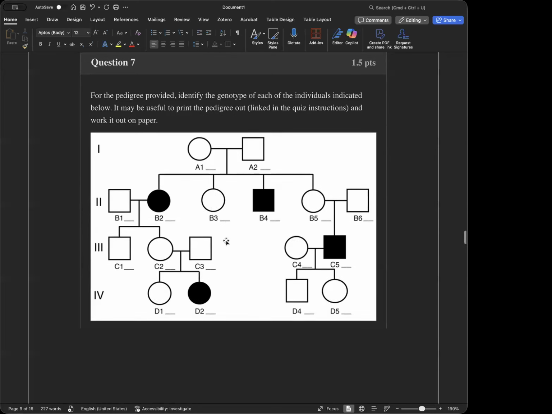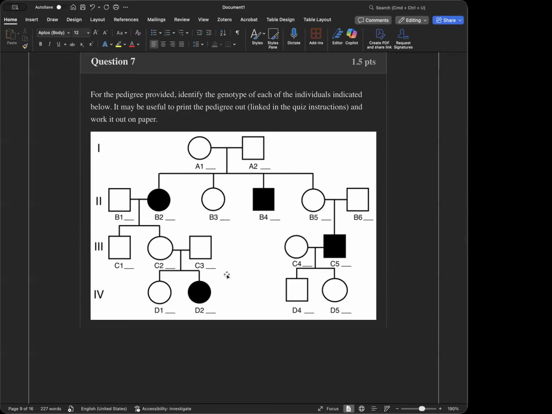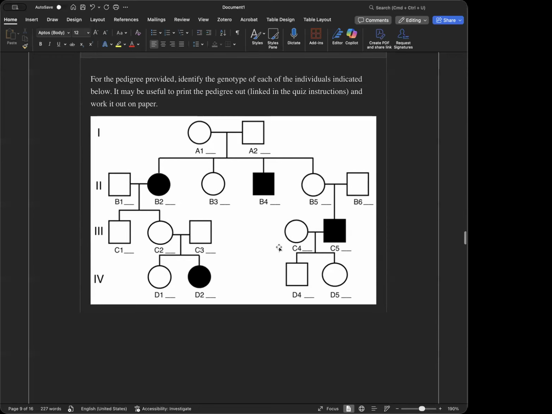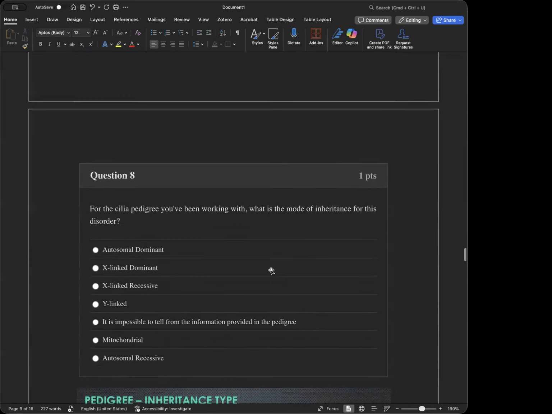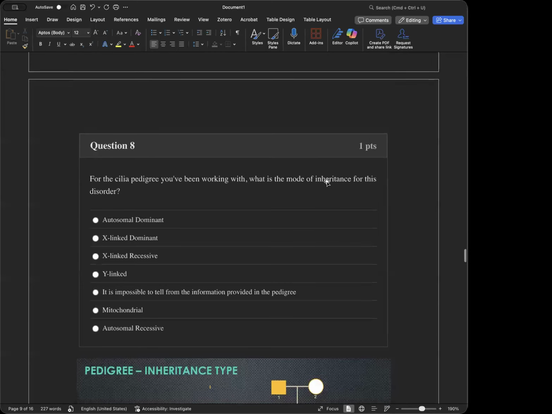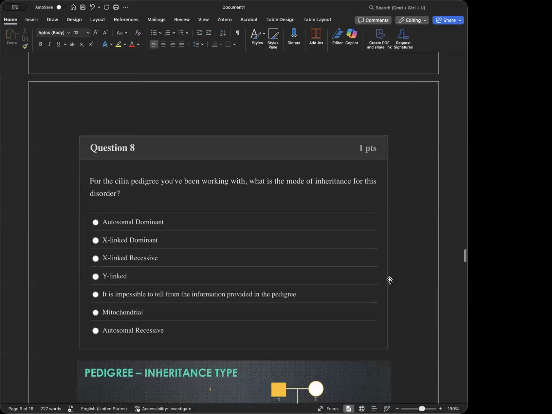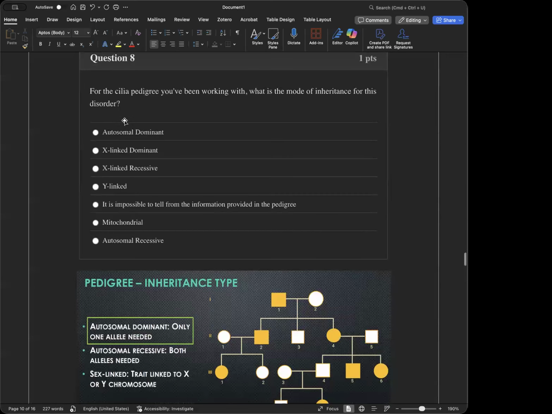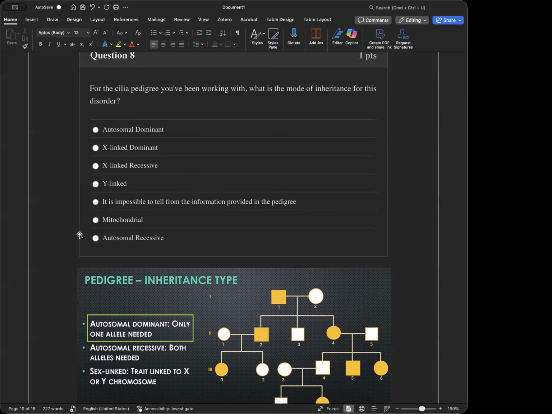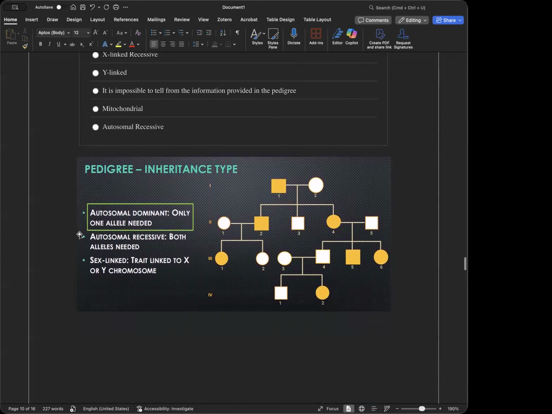So when we're considering this, we're going to come back to this question because the next question will help you to solve this. We're looking at what the mode of inheritance is for this disorder. We have a bunch of different modes here, right? And I'm just going to go through the common modes of transmission, and we'll be able to better determine people's genotypes.